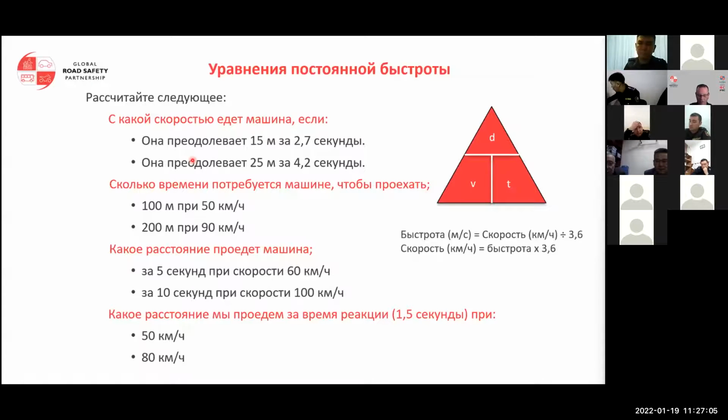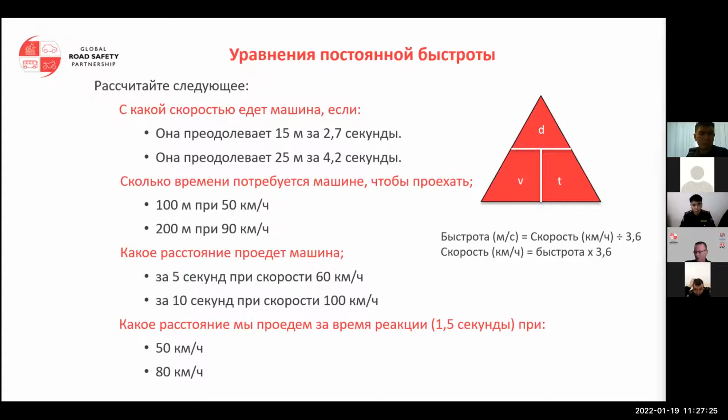We are given distance D of 15 meters, and we're given time T of 2.7 seconds. If we look at our triangle, we are given D, we are given T, so we're going to calculate velocity.